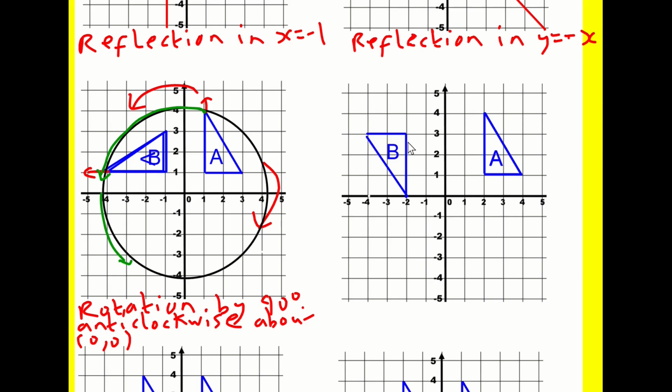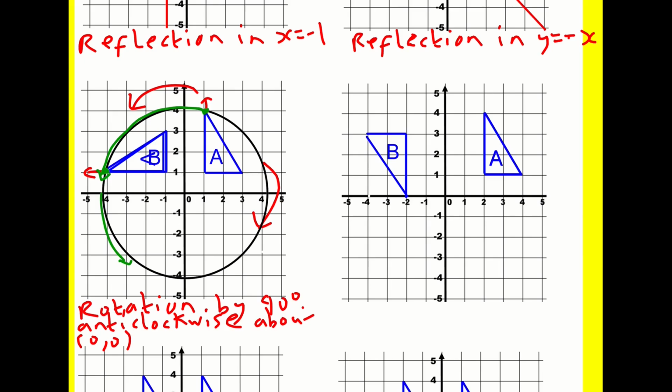The key point is that the corresponding points, this one and this one, are going to be the same distance away from the center of rotation because it's the center of the circle. So the center of rotation couldn't be over here, for example, because this point is much closer to that one there than to this one here. So you can rule it out, and you're left with just a few points maybe to try.